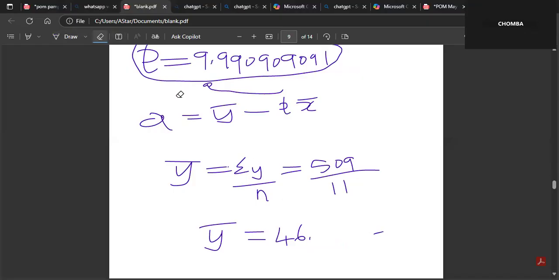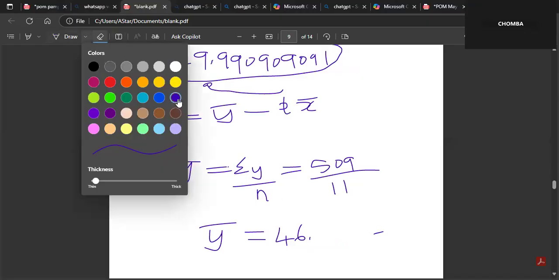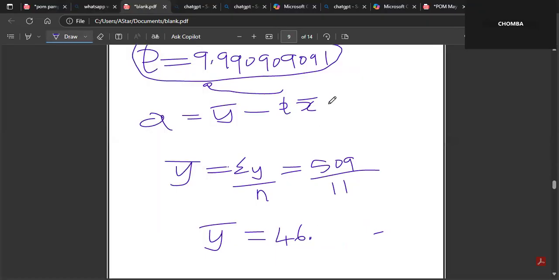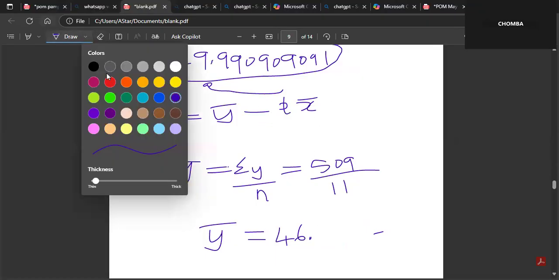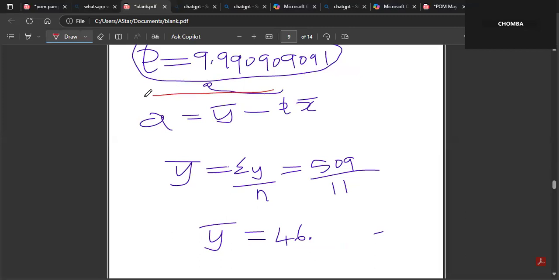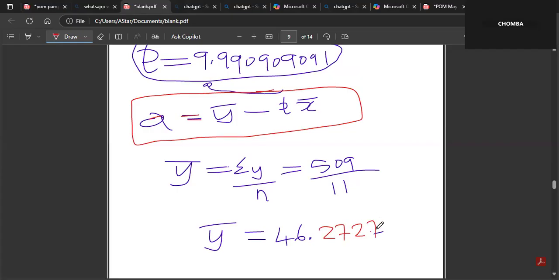We have found the slope so far. So we are using this formula to get to our alpha. y bar is the mean of y, so 509 divided by 11, which is 46.272727.